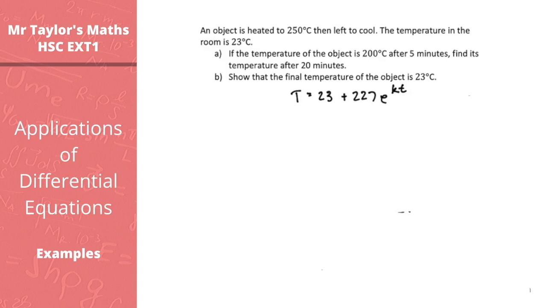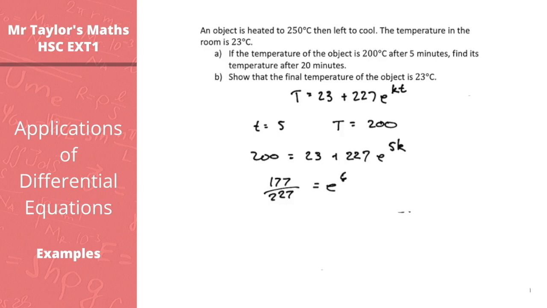Because I still don't even know what k is. So how do I find k? Well, after 5 minutes, my capital T is 200. So 200 is 23 plus 227 e to the 5k. So minus 23 divided by 227, so it's 177 over 227 equals e to the 5k. Take the log and divide by 5.